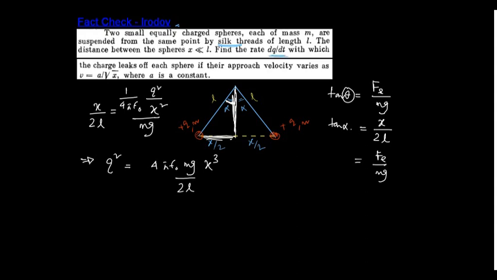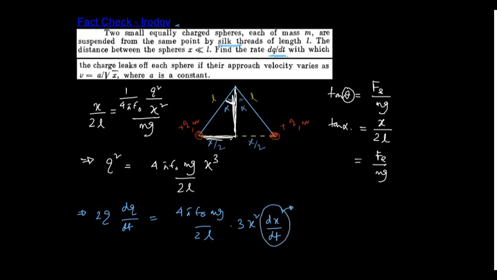So if I differentiate, that is 2q dq dt is equal to 4 pi epsilon naught mg by 2L into 3x square dx dt. By the way, there is a statutory warning: do check out the calculation क्योंकि मैं इसमें champion हूँ calculation mistake का. This dx dt is nothing but the v value that they have given, that is equal to a root x.